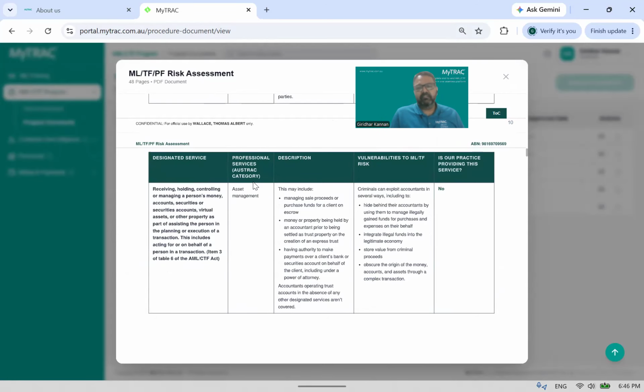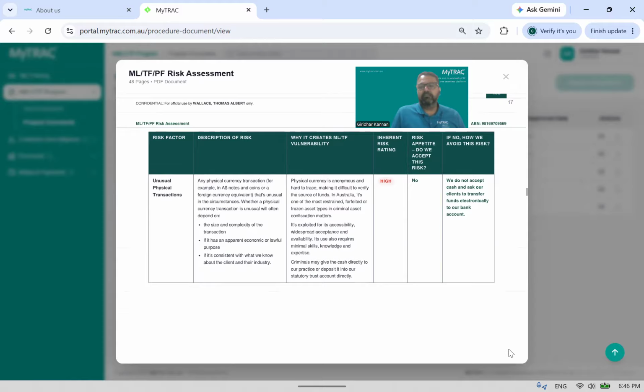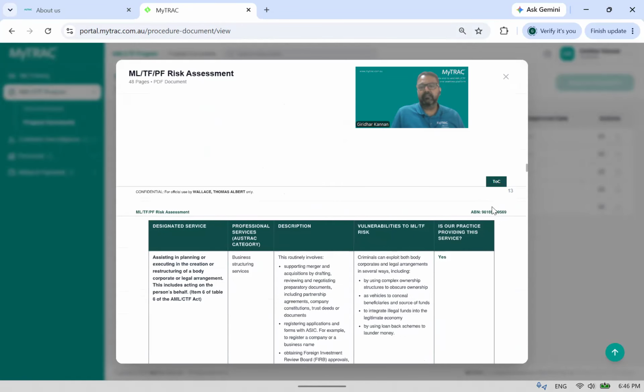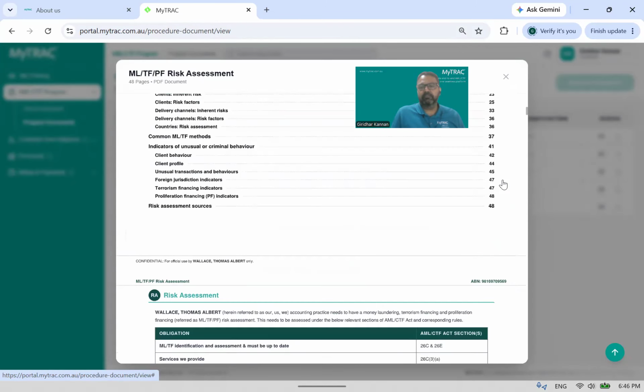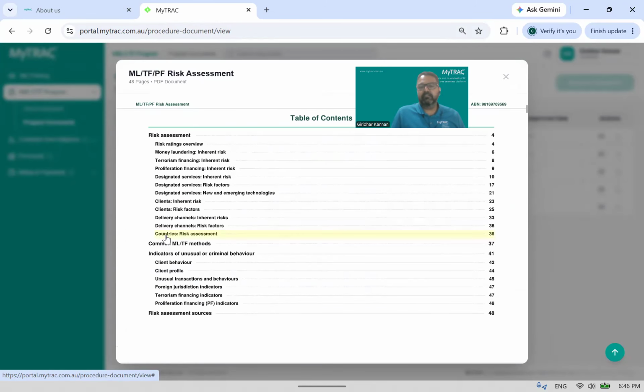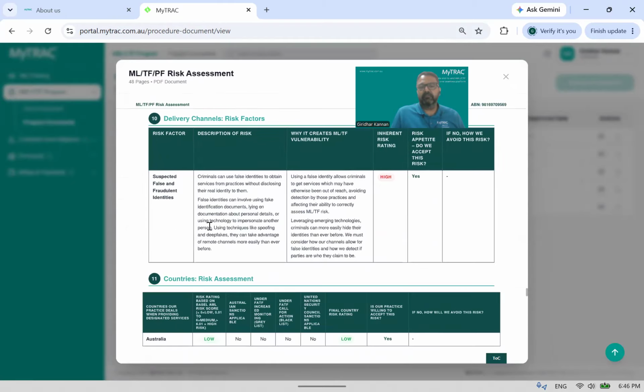Now, after the risk assessment is done, I also say, what's my appetite for doing high value transactions? What's my appetite for physical transactions, right? All those things are basically available for me to go and see. If you want to go to the top, just click on it and I go. The other thing was the country risk assessment, which if you remember, we did.